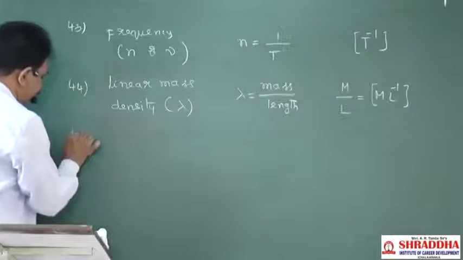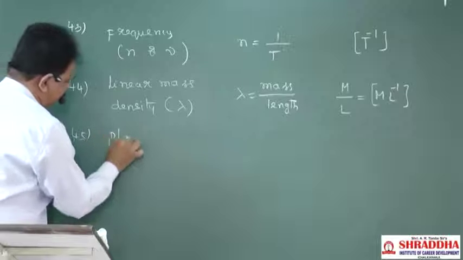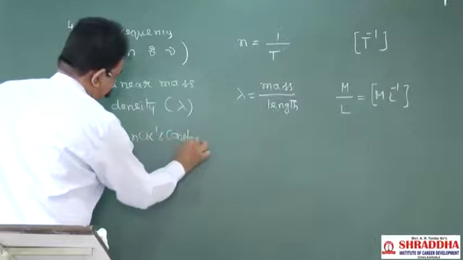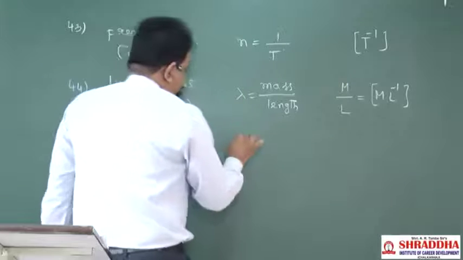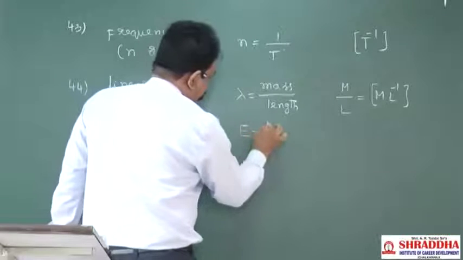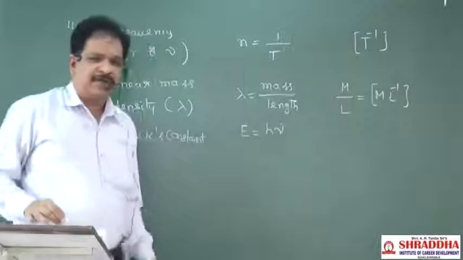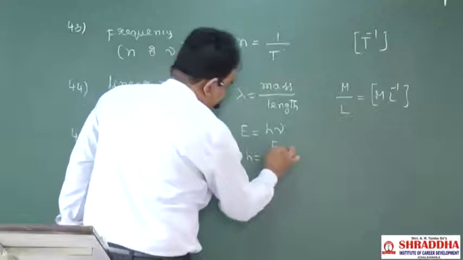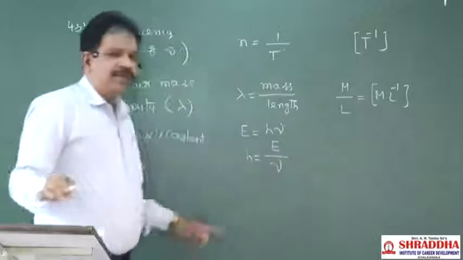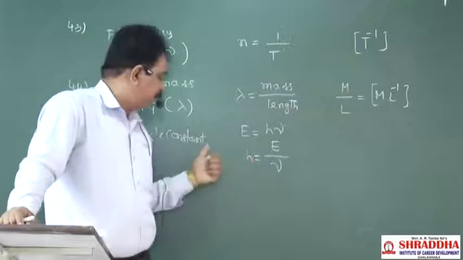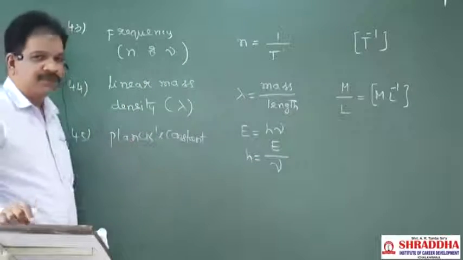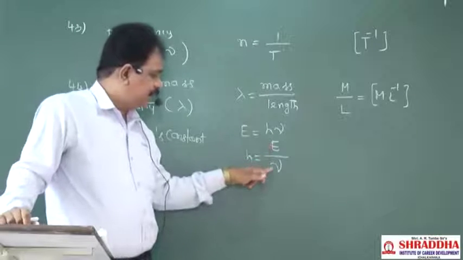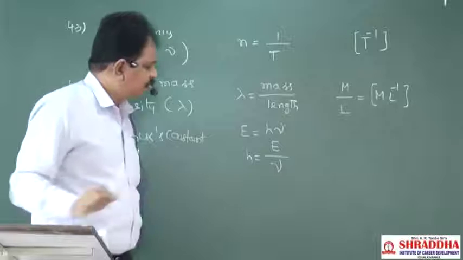Next, Planck's constant. E is equal to h nu. From that formula, h is equal to E by nu, where h is called Planck's constant. Here E is the energy and nu is the frequency.